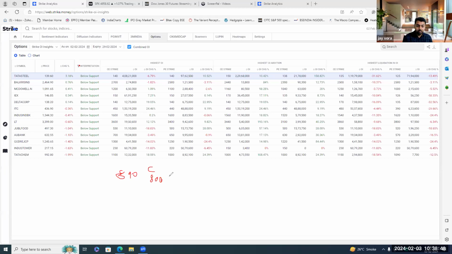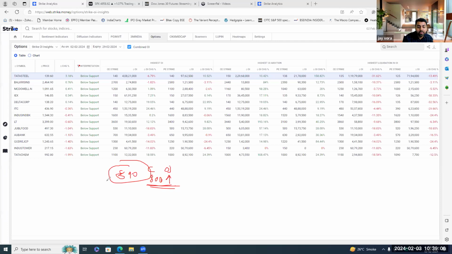And despite the stock sustaining at higher levels, the call option never used to move out.